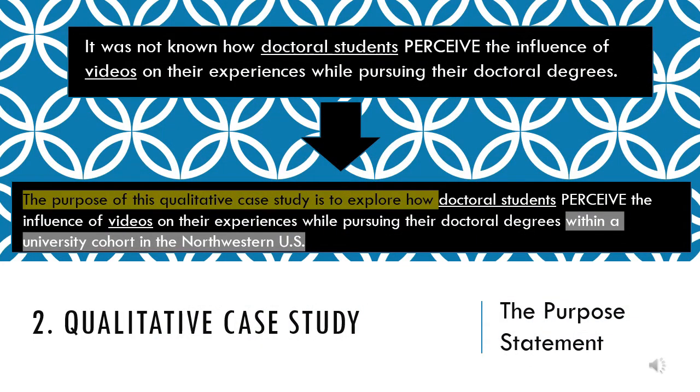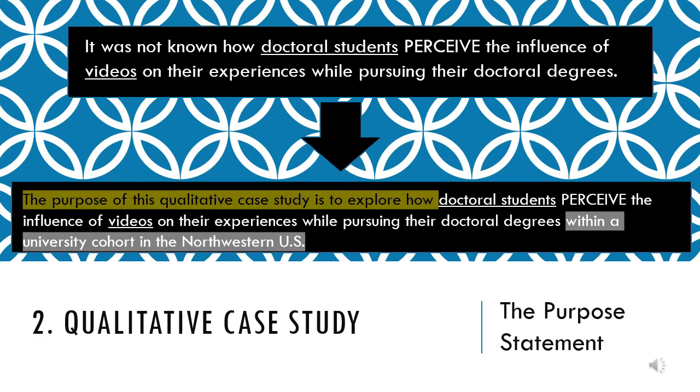Now, in the case study example, it's important to look at the distinction in the words and how they differ. Again, as I noted earlier, there's different types of case studies. And this is just, again, an example to help you do this in the easiest way possible. And as you work with your chair and your committee, it'll probably refine from there. But this is here to help you get it started.